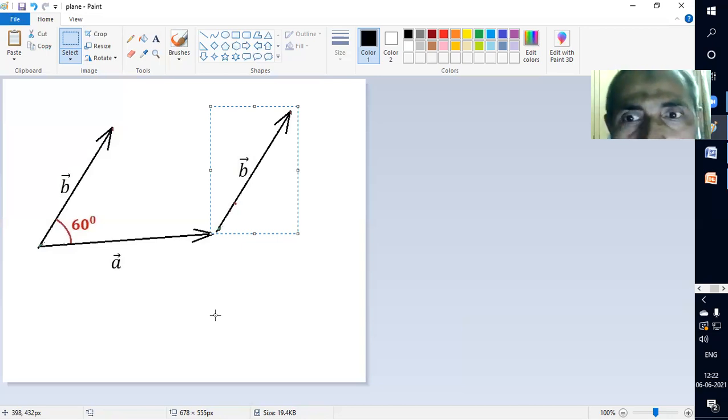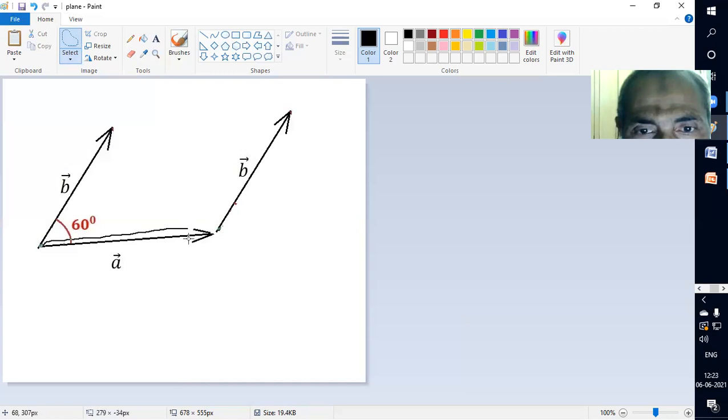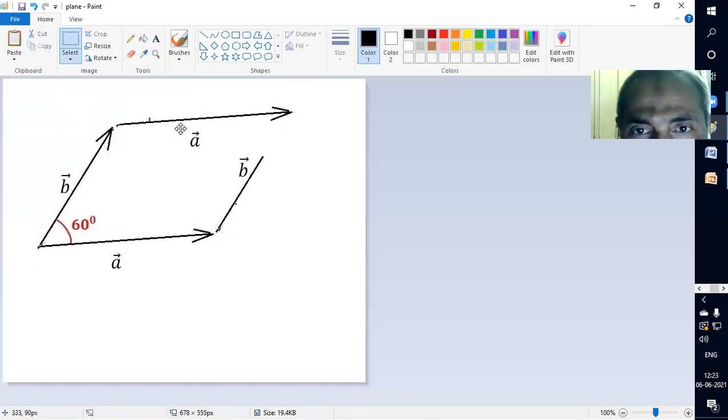Now, again, I'll take the copy of vector A. See, this is vector A. I have copied it, and I'm pasting it here. Of course, the vector B is like this.